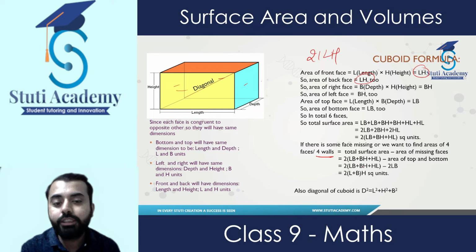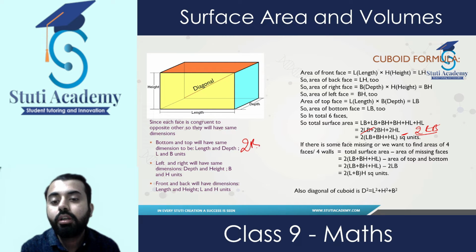So 2LH plus 2BH. Or simply you can take your total surface area and subtract the area of the faces that you do not need. In lateral surface area there is no area of top and bottom. Simply subtracting 2LB from the total, I get 2BH plus 2HL.